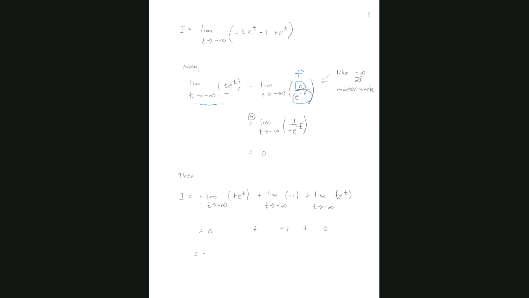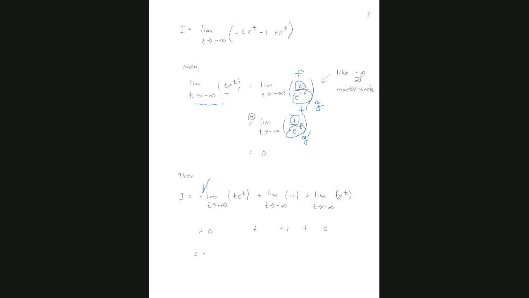And L'Hopital's rule says the limit as t approaches negative infinity of f over g of this indeterminate form would be the same as the limit as t approaches negative infinity of f prime over g prime. And so that's going to equal 0. And now you see here, I brought the negative back.